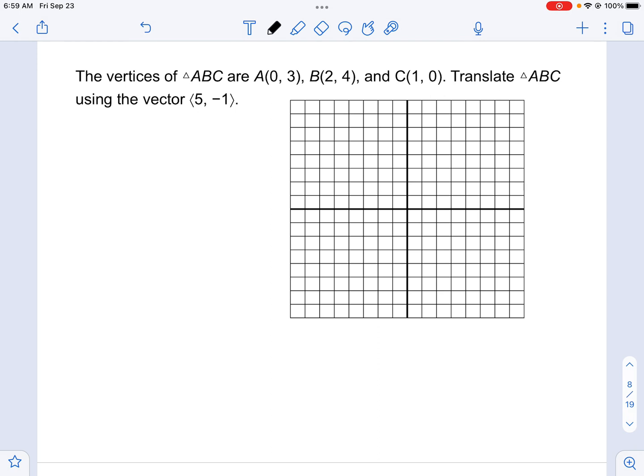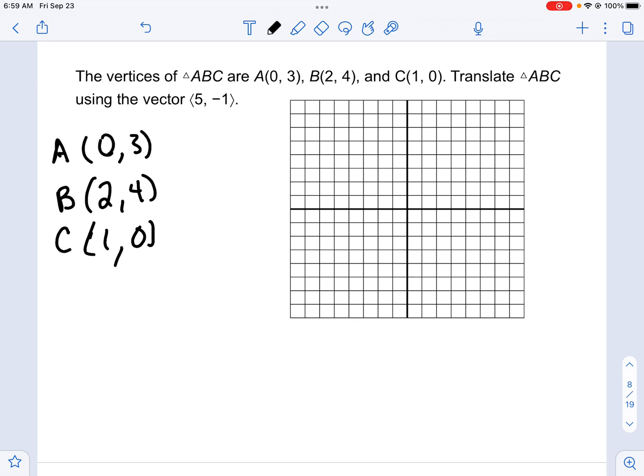So it says we have vertices at 0, 3, 2, 4, 1, 0. So this is A, B, C. So let's plot those. 0, 1, 2, 3. 1, 2, 1, 2, 3, 4. And 1, 0. Now it says it's a triangle. So we connect the dots.